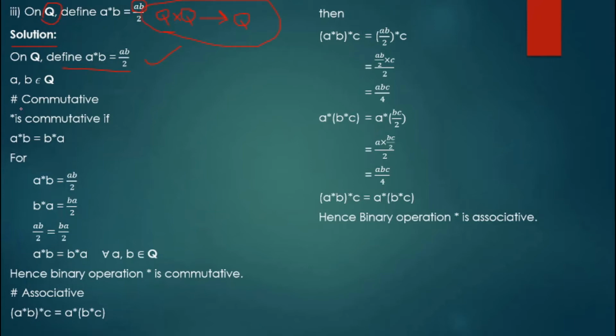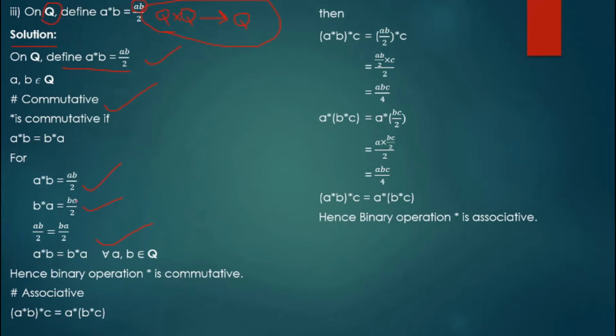So we'll check for commutativity. A star B equal to B star A. We'll check for A star B, that is AB by 2. We'll check for B star A, that is BA by 2. So both are equal. So A star B equal to B star A. You just apply values. If it is 2, 3, 2 into 3, that is 6 by 2, that is 3.